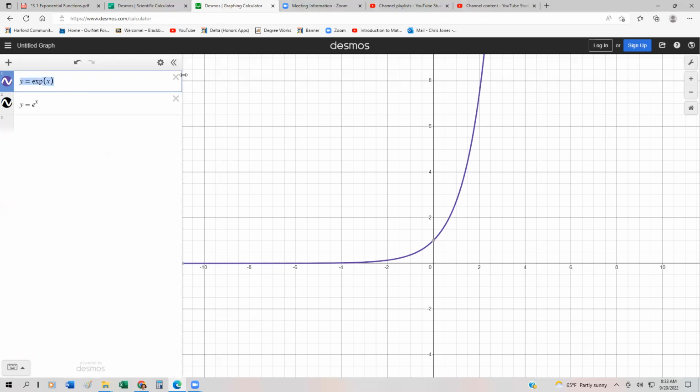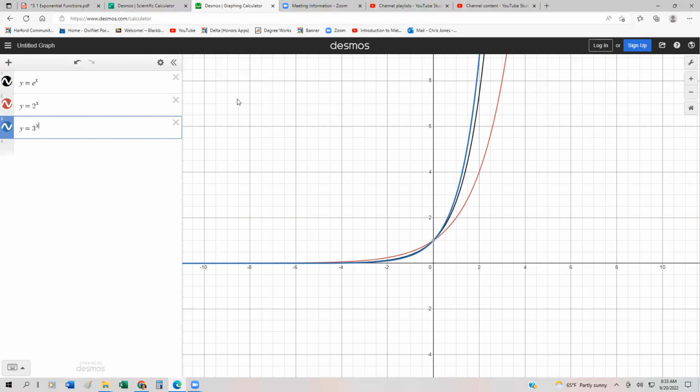So let me plot y equals 2 to the x, and then y equals 3 to the x. I want you to notice that e to the x probably behaves pretty closely to 3 to the x. And you probably remember that we said e is about 2.71828.